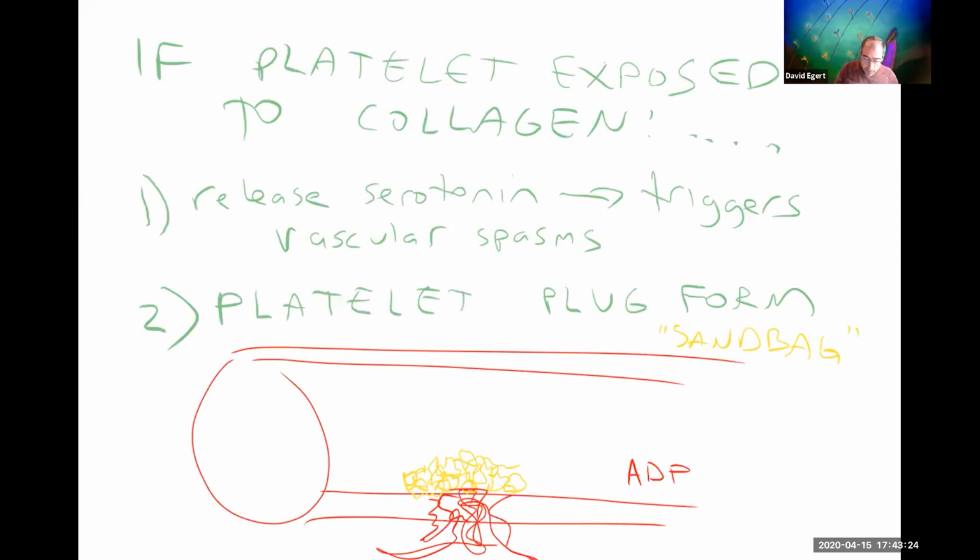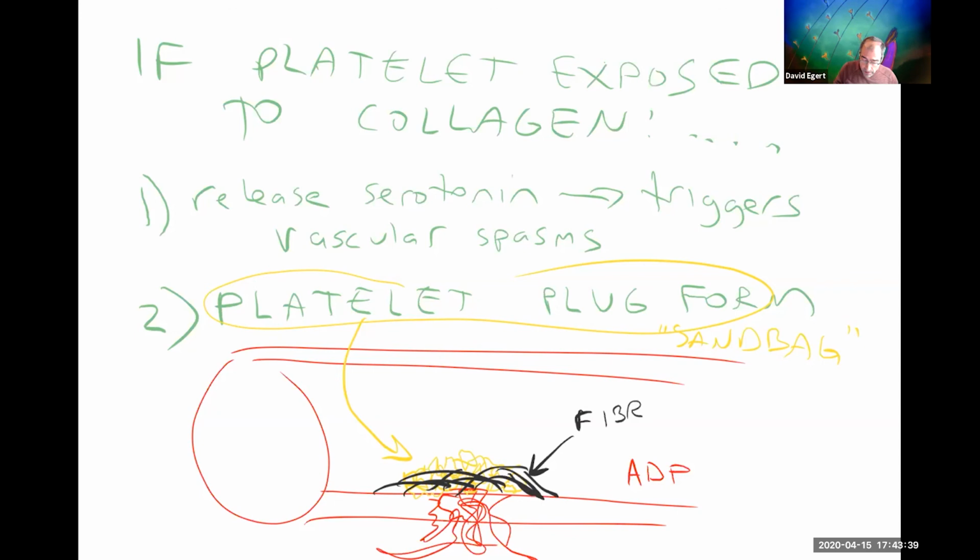So if we go back over to here, first we had our little platelet plug forming here. But the next step is we're going to actually get the fibrin. You'll see a picture of fibrin on the video.